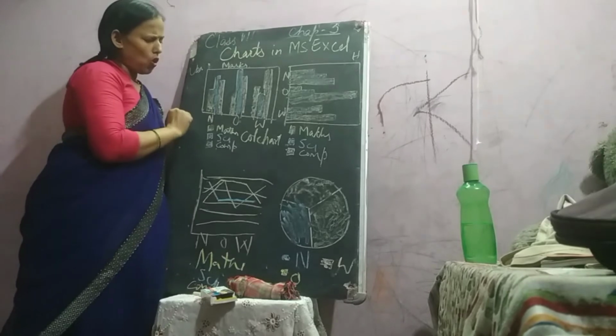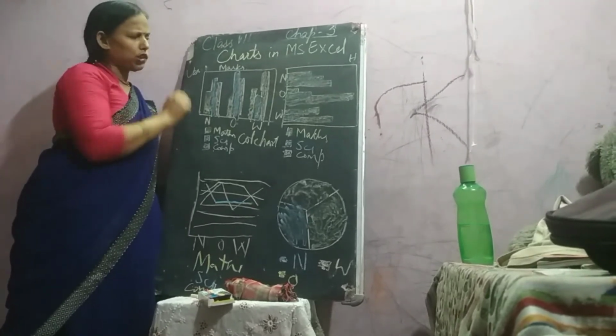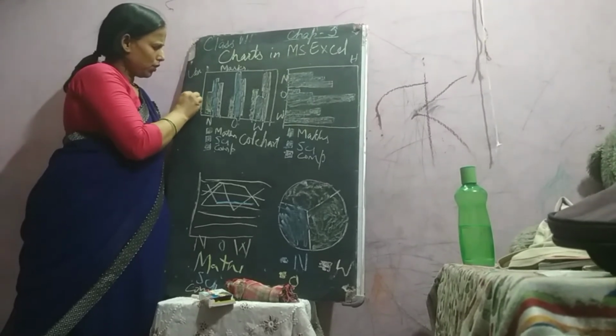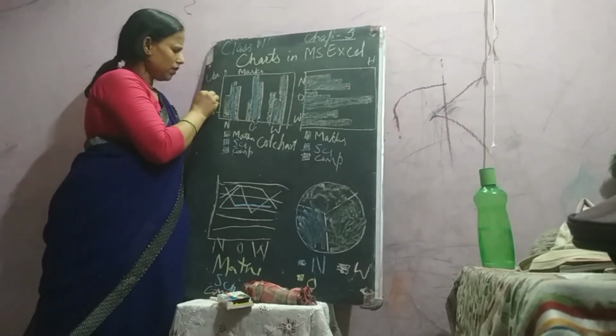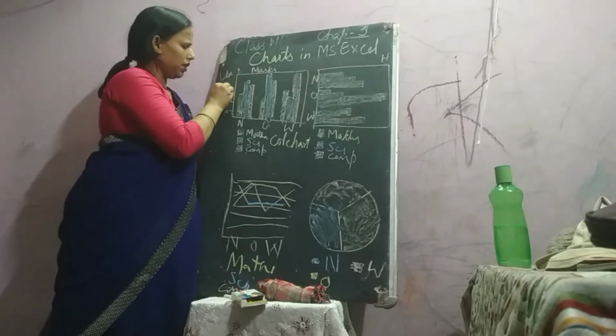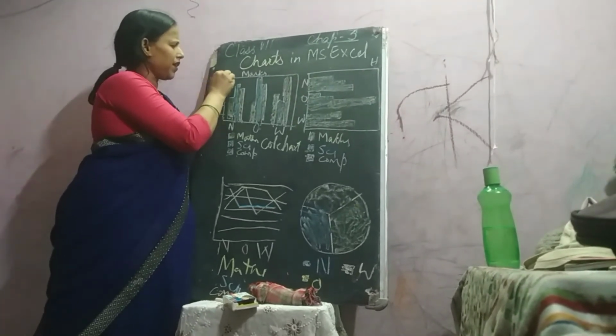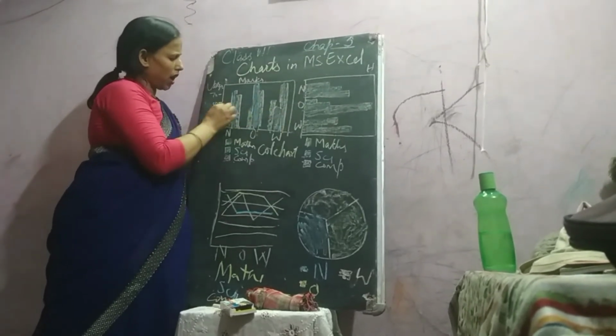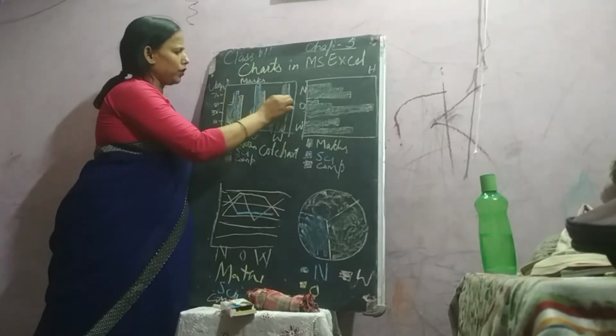So while you are taking the three students' marks, you can compare it. Say 10, 30, 50, 70, 90 and 100. You may compare the chart, what they have got.